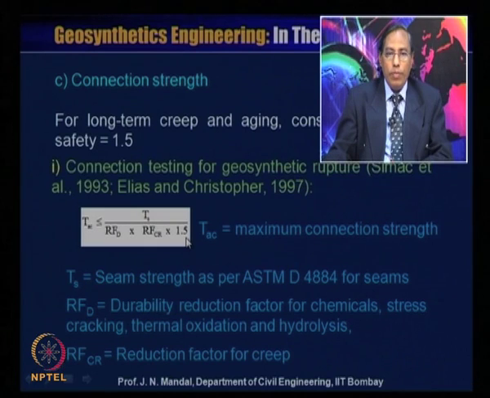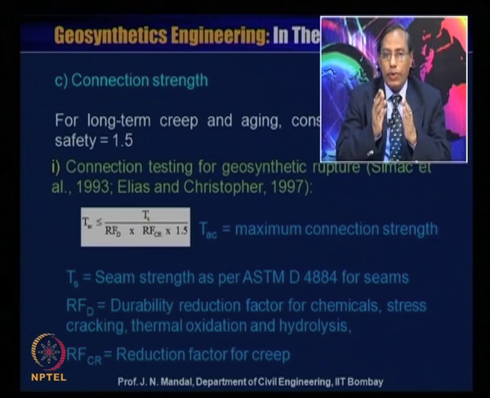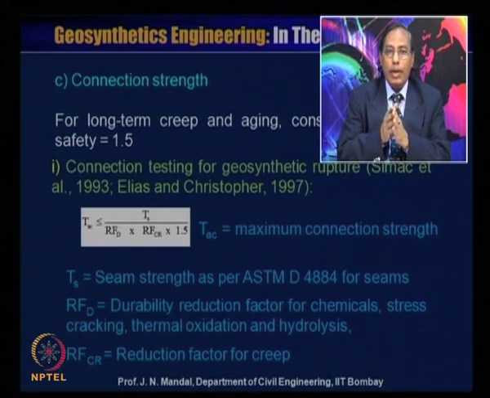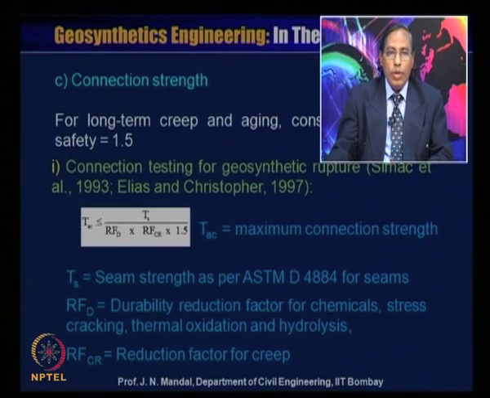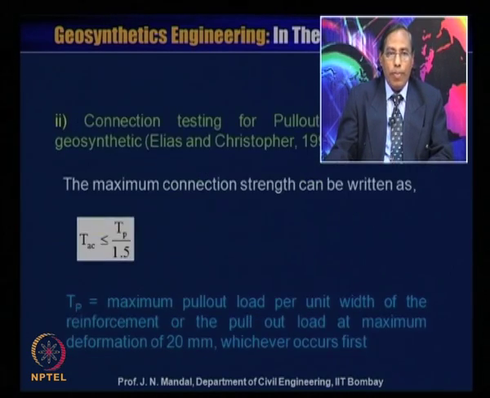So TAC, the maximum connection strength, should be less than or equal to TS divided by all these reduction factors, where TS is equal to the seam strength. It should satisfy this criterion for the connection strength.